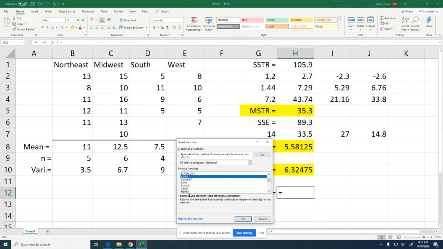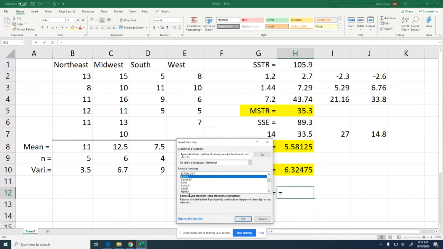Now we have an F distribution. It's non-symmetrical. It looks like this, but we need the right tail. But unfortunately, Excel gives us the left one. What should I do? 1 minus, right?